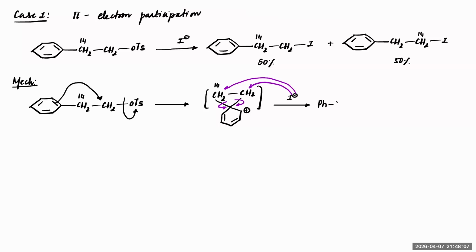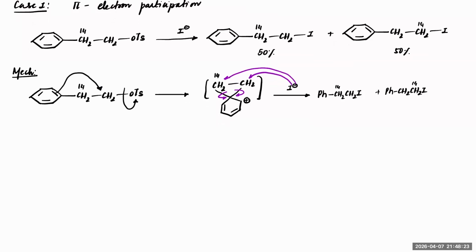So we'll get Ph-CH2-CH2I where this is carbon 14, and Ph-CH2-CH2I where this is carbon 14. Both will come 50-50 percentage. I hope this part is clear, everybody. That's how the participation happens.